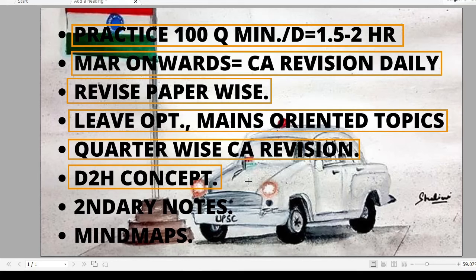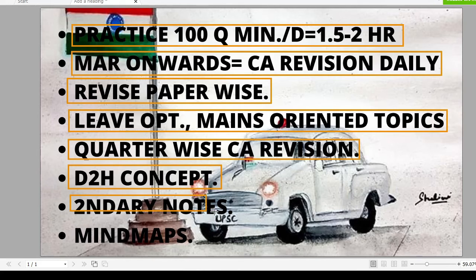You should remember 70 to 80% of it. And if you are not remembering 70 to 80% the second time, then you should read it a third time also. But you should remember that it is in your head. You should feel the subject in your head, that I know the complete thing. And for this you should make mind maps, which I have mentioned in the last point also.